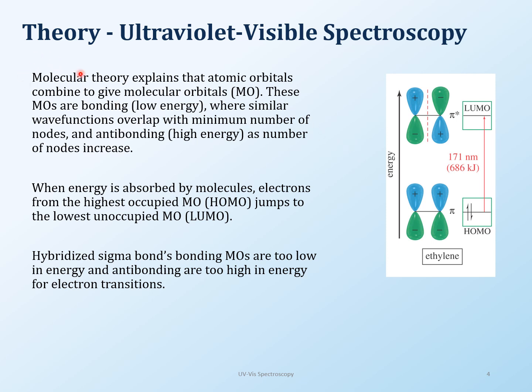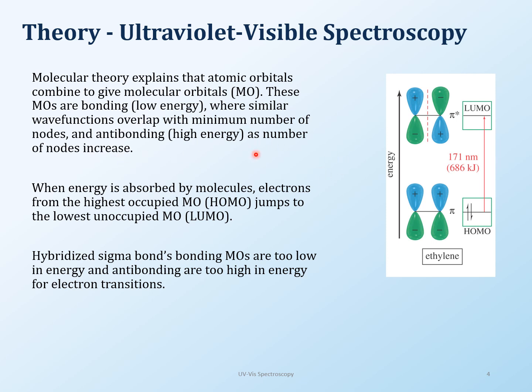And that is explained by the molecular orbital theory. So molecular orbital theory says that if you have any number of atomic orbitals and you combine those atomic orbitals to form molecular orbitals, you get the same number of molecular orbitals. So two atomic orbitals give you two molecular orbitals.